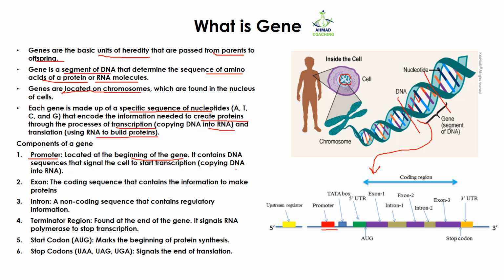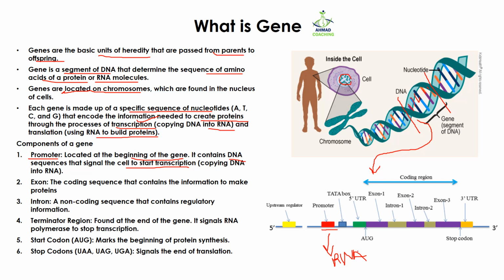It contains the DNA sequence that signals the cell to start transcription, because we know that transcription is the first process of protein formation, in which DNA is converted into RNA. Like the name indicates, the promoter is going to promote, initiate or start the process of transcription.